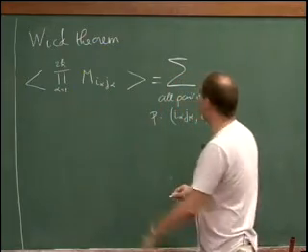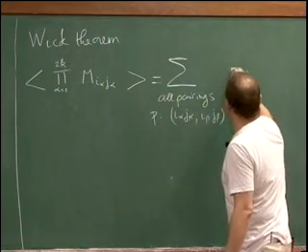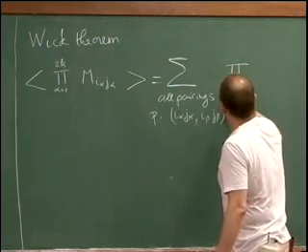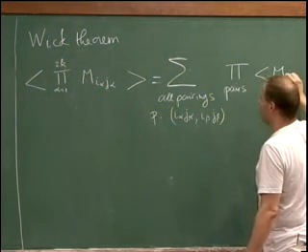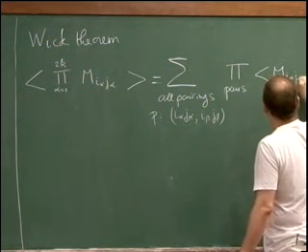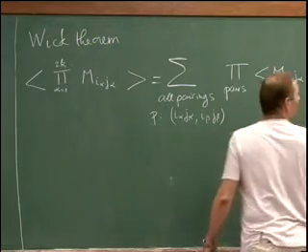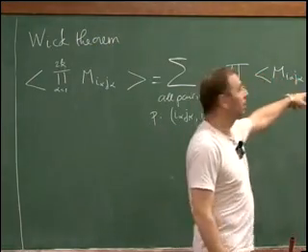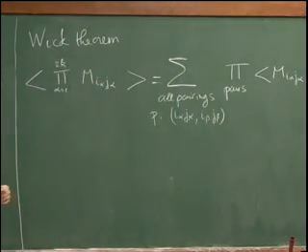So there are k pairs, exactly. In a pairing, there are k pairs. And now you just take the product over the pairs of the corresponding two matrix element product. Can you still see here? Okay. So this is the Wick theorem.